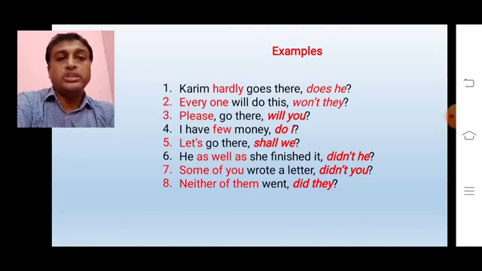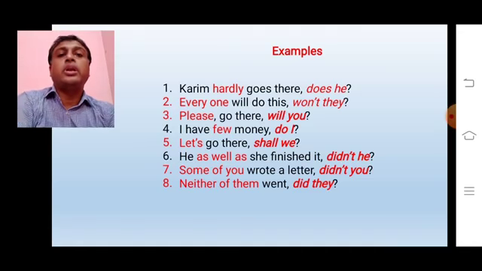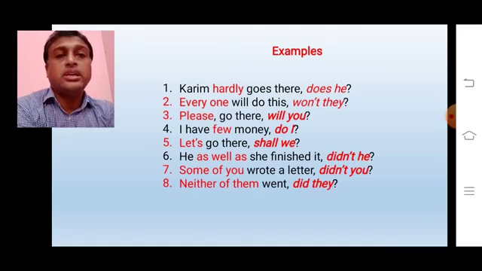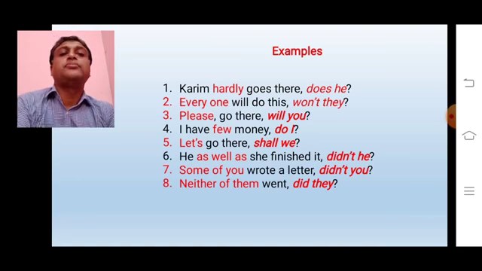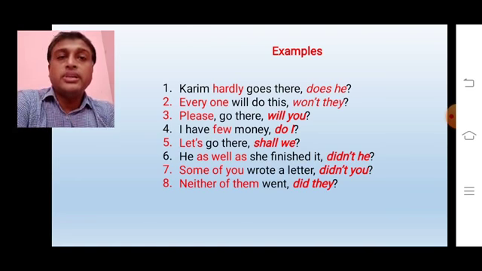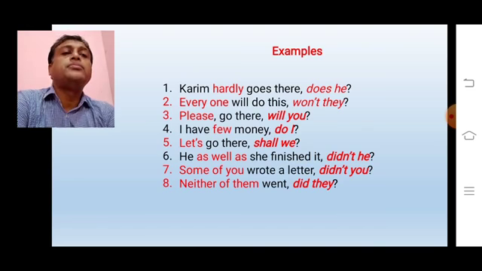At first, we have to decide which sentence this is. This is an assertive sentence because this sentence has started with a subject. So, can you remember what the structure of an assertive sentence is? The structure of an assertive sentence is auxiliary verb plus not plus pronoun of the subject. Not may be used or may not be used. You know it.